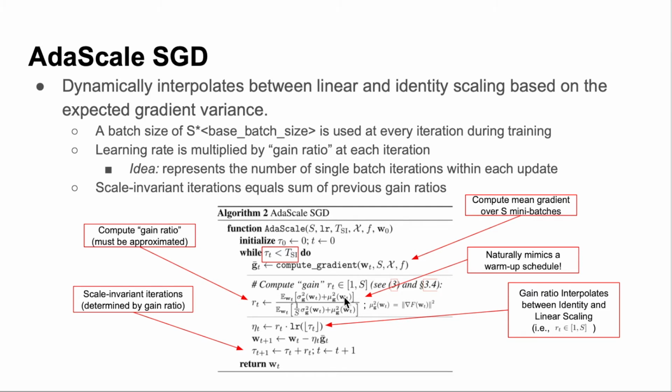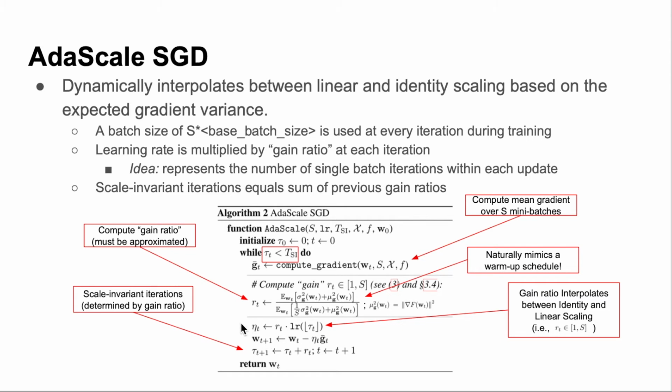So we move from the starting point of training, when this mu term is large, to having a lower learning rate, to having this gain ratio actually approach s as we approach some optimal point. So we're mimicking a warm-up schedule naturally during training. And then as we see here, once we calculate this gain ratio, we multiply our learning rate by it.